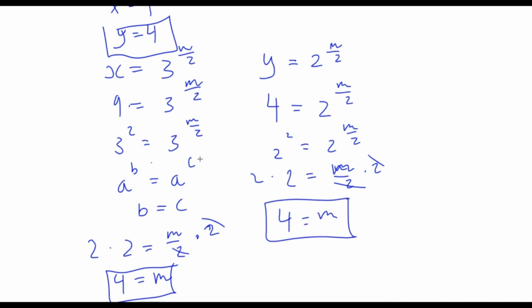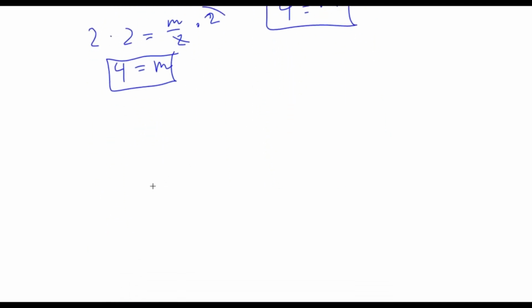So now that we have our value for m, let's go ahead and plug it into the original equation to see if it's right. Remember, our original equation was 3 to the power of m minus 2 to the power of m is equal to 65. Now, m is equal to 4.